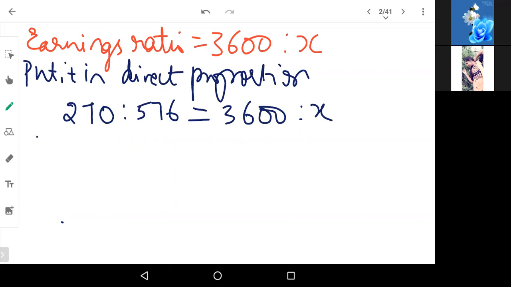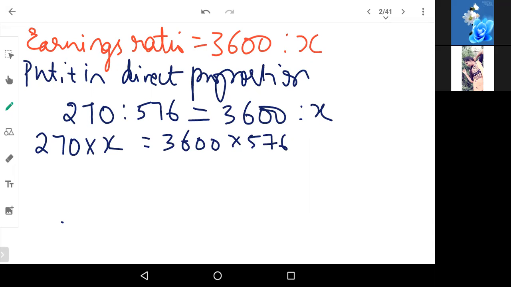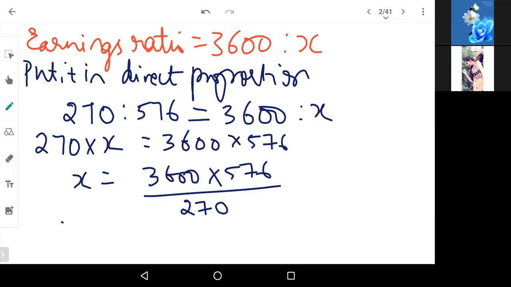Product of extremes: 270 into X is equal to 3600 into 576. So X is equal to 3600 into 576 divided by 270. So therefore X is equal to, what is the value of X? 7680. Okay, yeah, good.